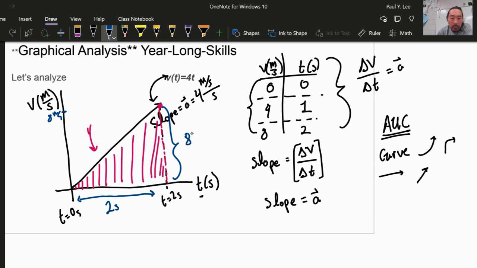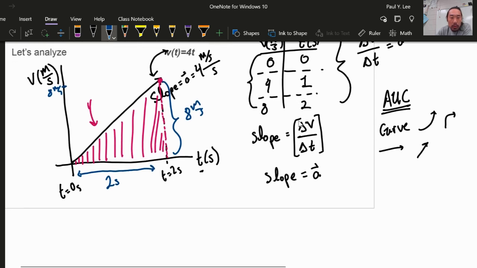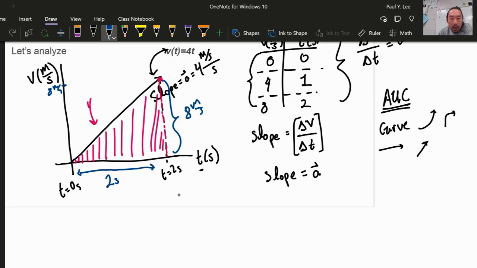So this is 8. So if I use my triangle formula, the area is equal to 1/2 base times height, 1/2 times 2 times 8. So the area is going to be 8 meters.